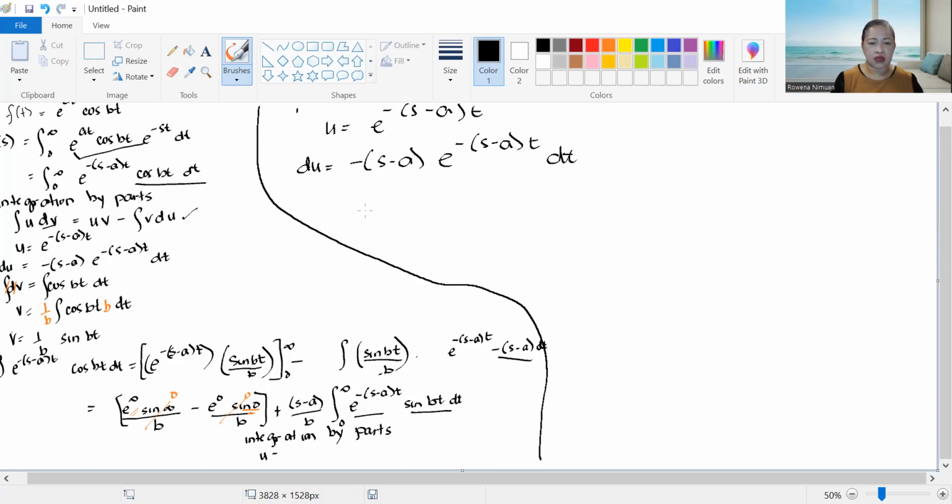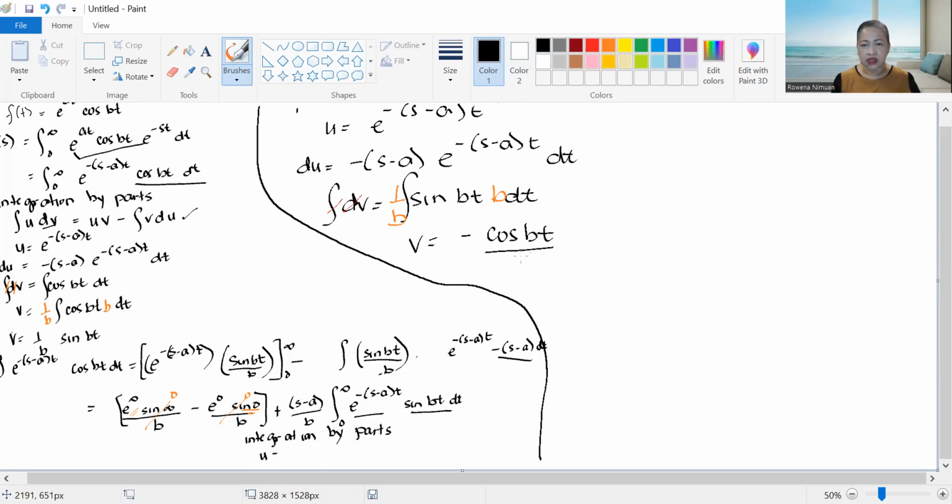Then dv is sine of bt dt. To integrate this, I need to introduce 1 over b, so v is the integral of sine, which is negative cosine of bt divided by b.